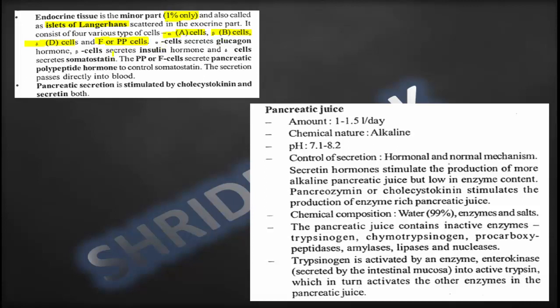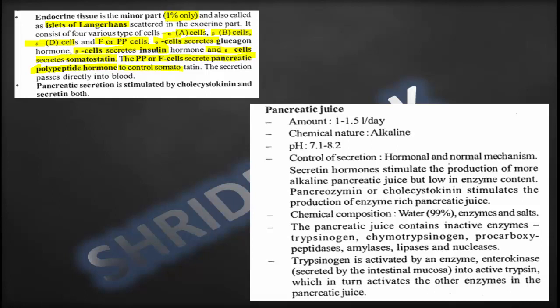Glucagon hormone is secreted by the alpha cells or A cells, beta cells secrete insulin, delta cells secrete somatostatin. This I already explained in the previous slide. The PP or F cells secrete pancreatic polypeptide hormone. Pancreatic polypeptide, that is why PP.